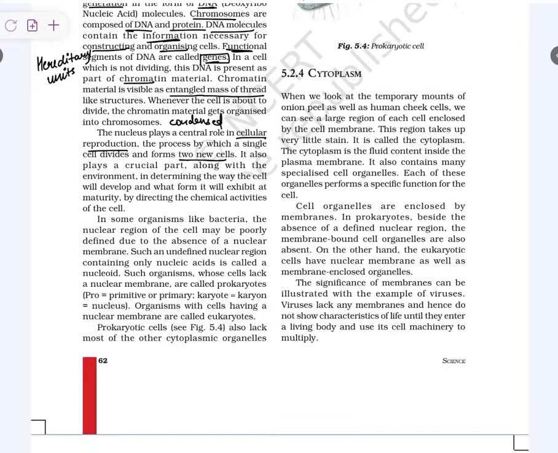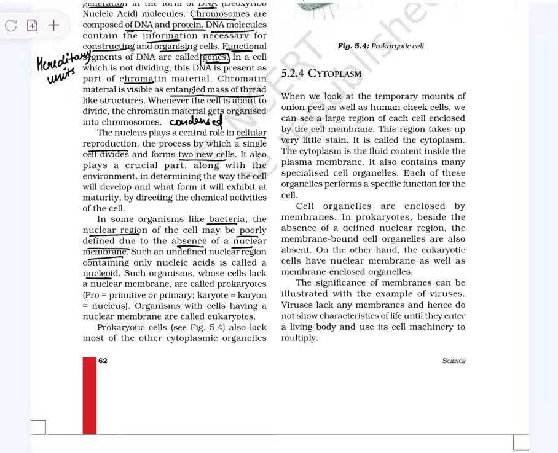In some organisms like bacteria, न्यूक्लियर रीजन ऑफ द सेल is poorly defined. बैक्टीरिया में न्यूक्लियर रीजन पुअरली डिफाइंड होता है, मतलब there is an absence of nuclear membrane. और अनडिफाइंड न्यूक्लियर रीजन को हम न्यूक्लियोइड कहते हैं. मतलब जो प्रोकैरियोट्स होते हैं, फॉर एग्जांपल बैक्टीरिया, उनमें, like हम यूकैरियोट्स में call it as nucleus, but प्रोकैरियोट्स में न्यूक्लियर मेम्ब्रेन एब्सेंट होती है. तो एक अनडिफाइंड स्ट्रक्चर है, मेम्ब्रेन नहीं है, तो एक स्पेसिफिक स्ट्रक्चर नहीं है, तो उस केस में we have given the term nucleoid.